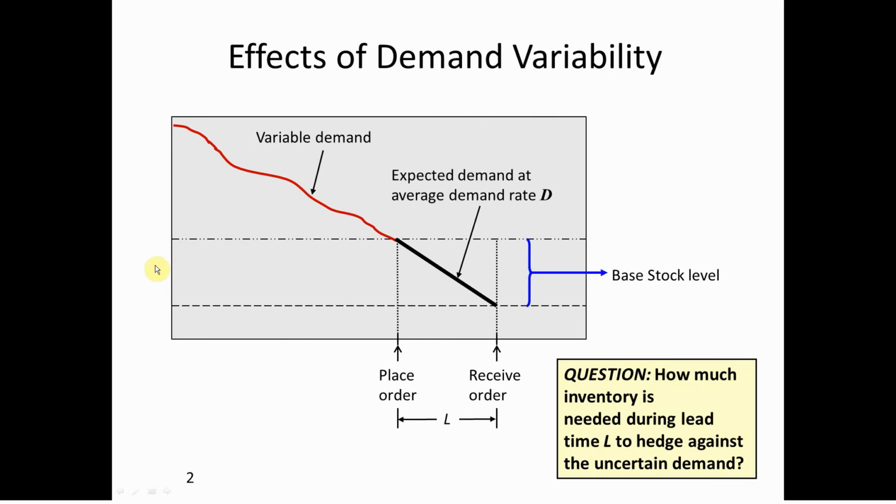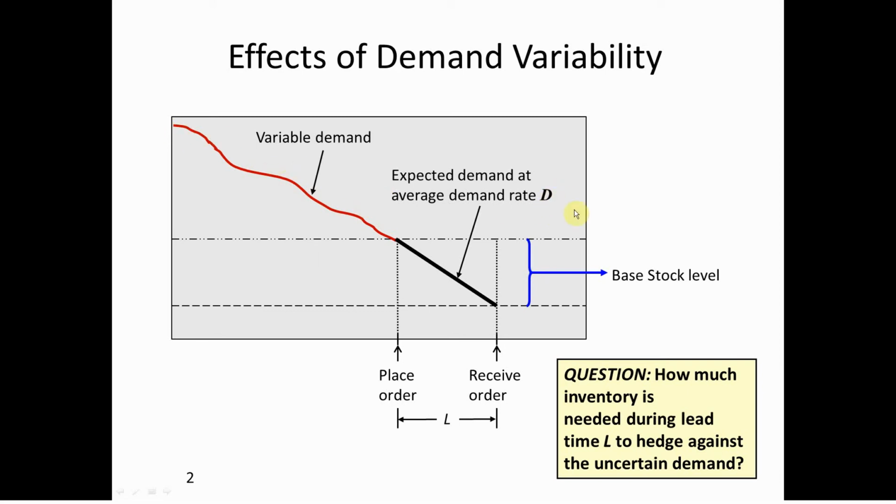Now, previously we had discussed the demand for our goods as depleting our inventory at a constant rate. That was indicated by a decreasing line, and over a period of time our inventory levels would decrease at a constant rate D, what we call the demand.